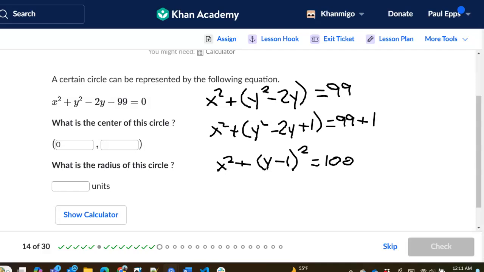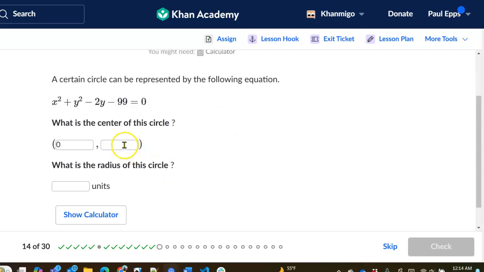And then we can simplify to x squared plus (y minus 1) squared equals 100. So the center of the circle is at 0, 1, and the radius is 10. So let's put that in. 0, 1, radius 10.